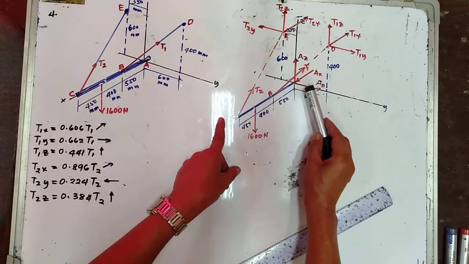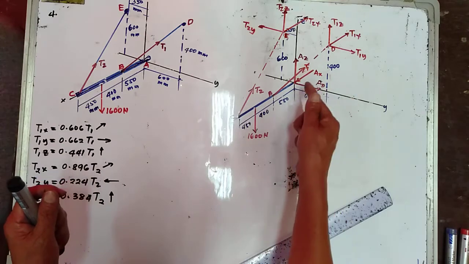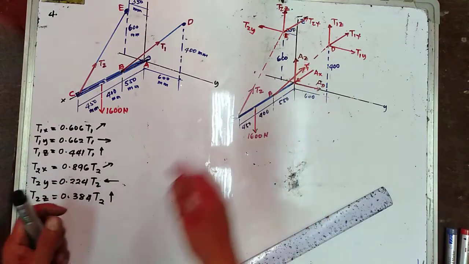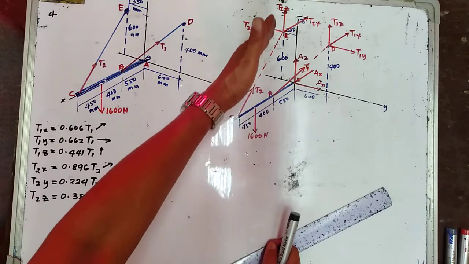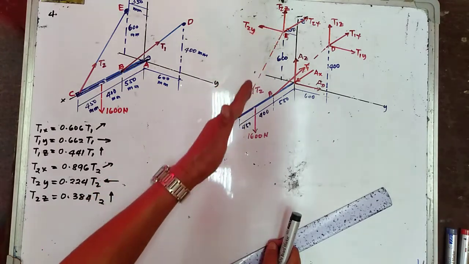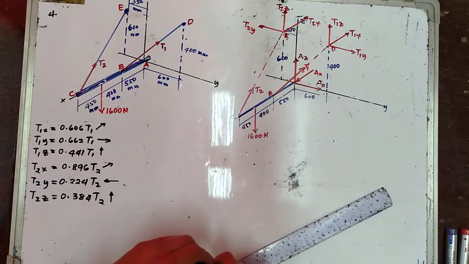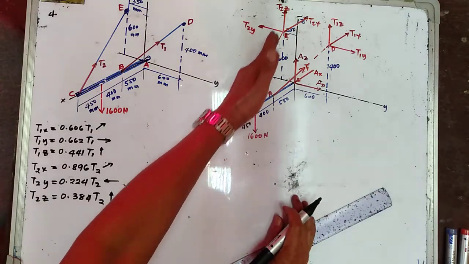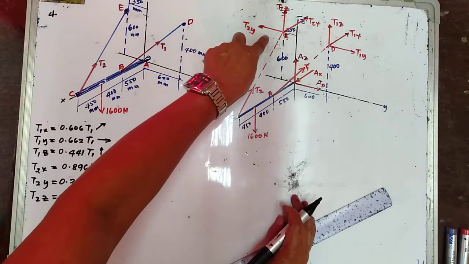So we have AX, AY, and AZ. So this is now your cable T2, the tension in the cable T2. So let us try to resolve the component of the tension of the cable T2 at point E.